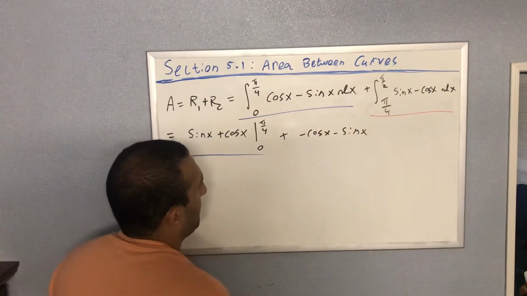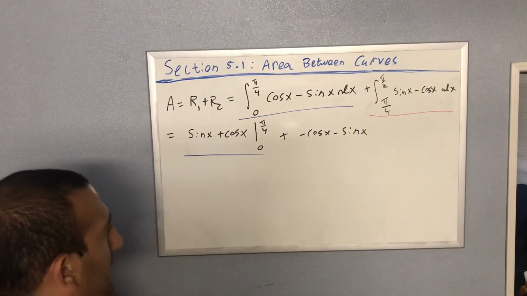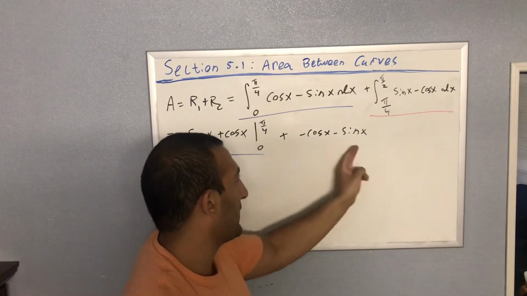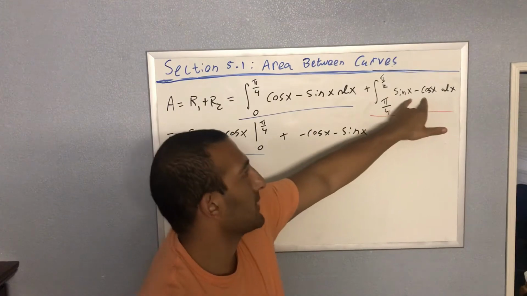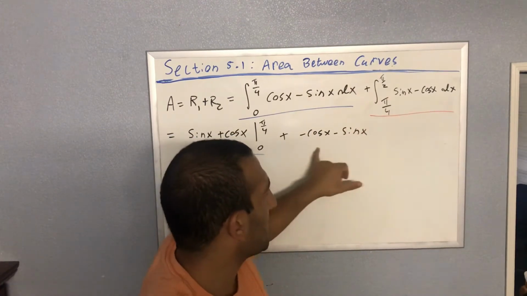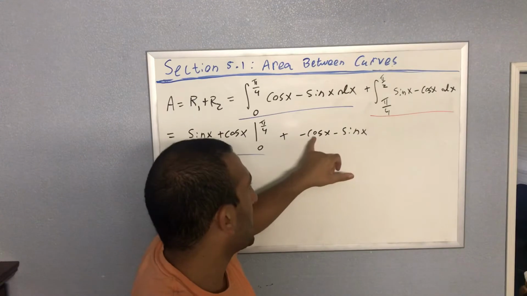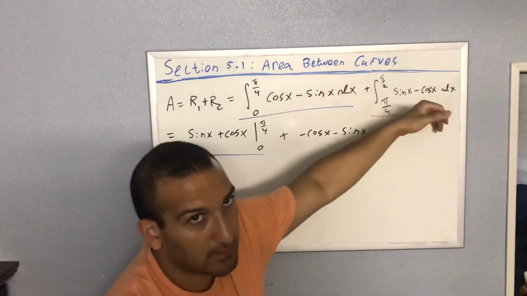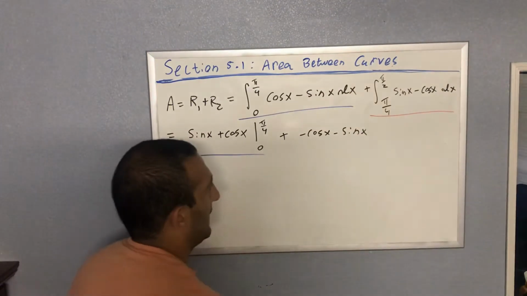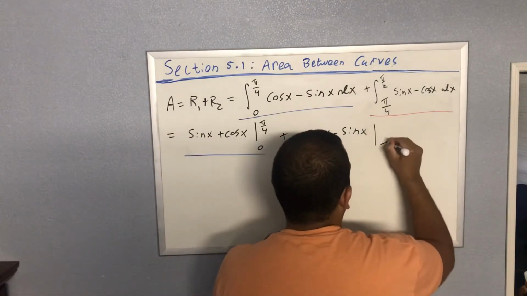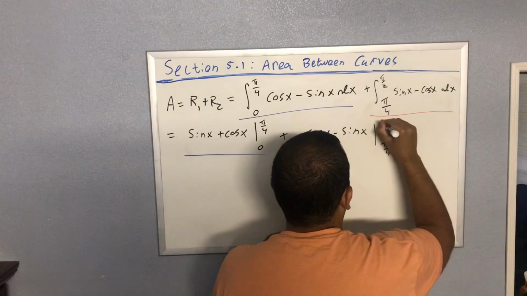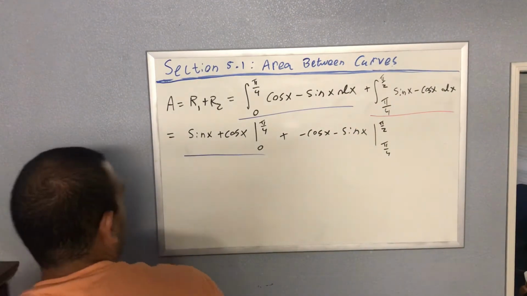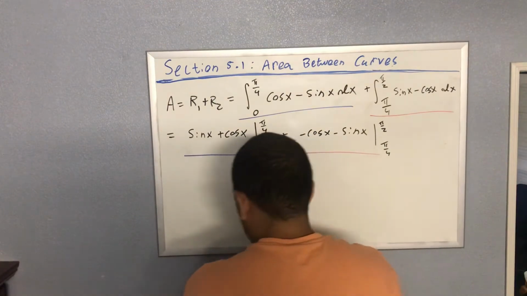Okay? And then again, if you always want to double check, the derivative of this should give back the integrand. So if you take this derivative, this negative cosine becomes a sine, and this minus sign becomes a minus cosine. So yes, you do get what you need. And then we're going to evaluate this from pi over 4 to pi over 2. And this is the red piece.